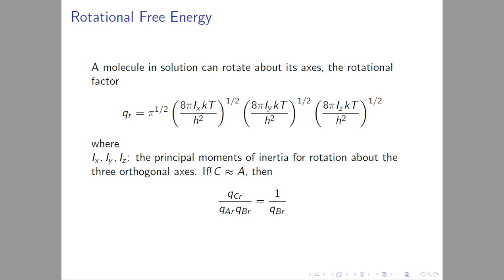If C is nearly equal to A, since the protein is large and the ligand is too small, the shape of the molecule is nearly the same. So Q_CR cancels with Q_AR, and we can just calculate Q_BR for this partition function for the rotational free energy.